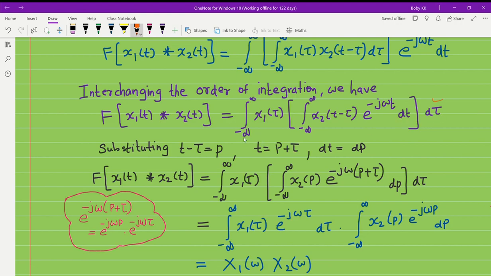Here we are substituting t minus tau as p, so that t is equal to p plus tau, and dt is equal to dp. So the right hand side is integral minus infinity to infinity x1 of tau into integral minus infinity to infinity x2 of p e raised to minus j omega times p plus tau dp, then comes d tau.